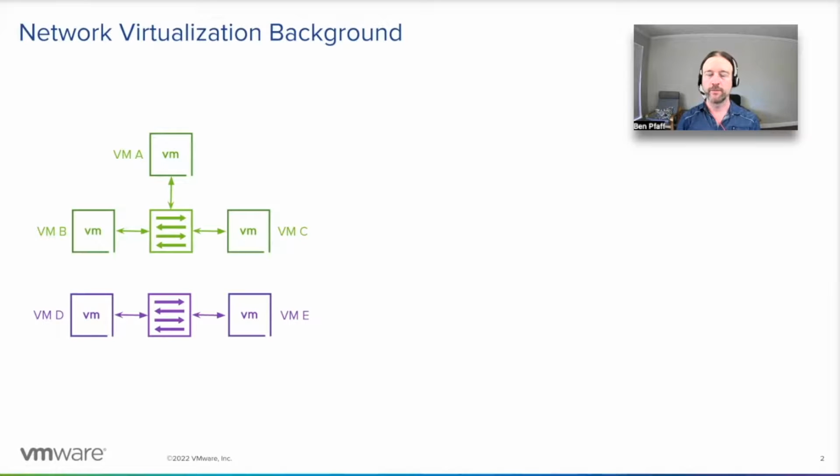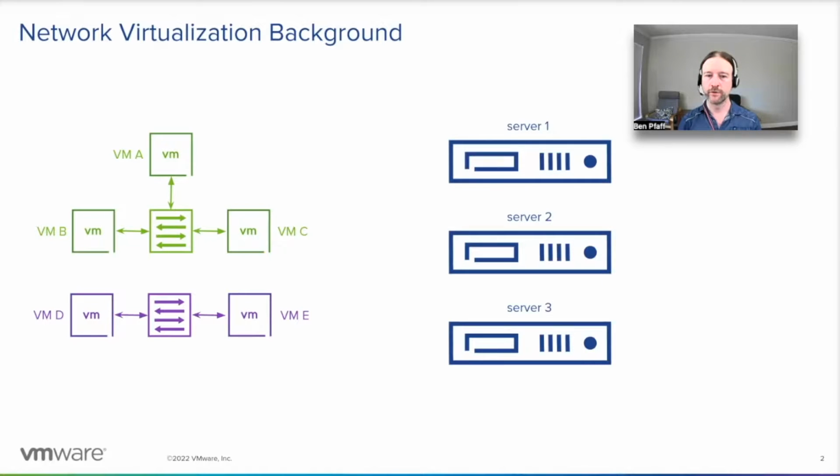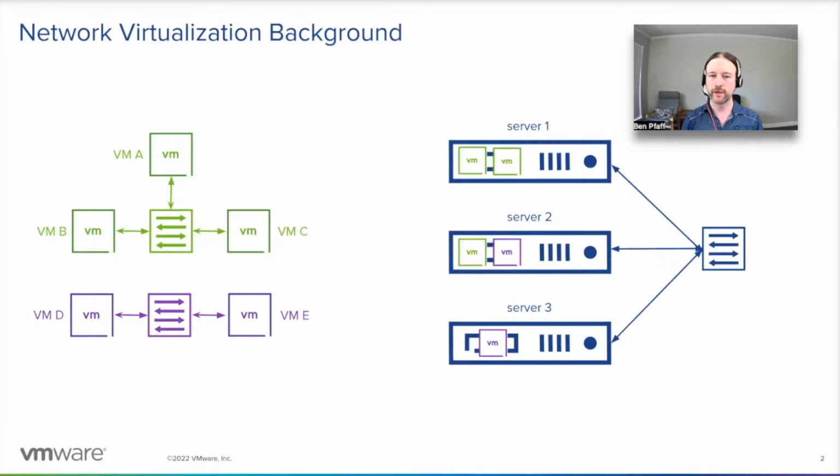So far, all these could just be servers instead of VMs, and they could be connected by physical switches instead of virtual ones. To make it network virtualization, look at the physical servers running the VMs, these blue servers that we have on the right. These servers have one physical network. They don't have a green network and a purple one. And we arbitrarily stick each of the VMs on one of these physical servers and make it work out properly so that the green VMs can only talk to the other green VMs, and the purple VMs can only talk to the other purple VMs.